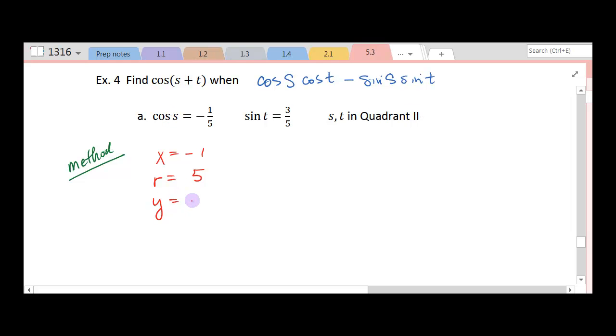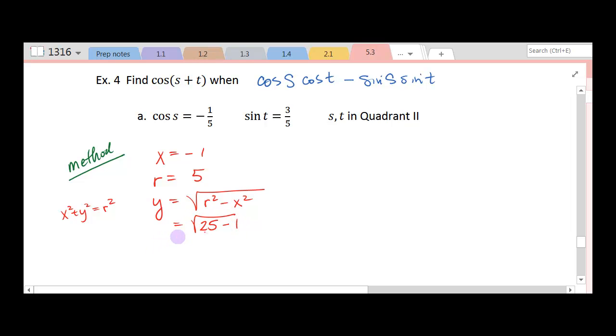But I need to solve for y. So I do that using the Pythagorean theorem, which says x squared plus y squared is equal to r squared. If I solve this for y, I see that it's really r squared minus x squared, so I just rearrange this formula. Plugging in, this is going to be 5 squared, which is 25, minus negative 1 squared, which is 1.